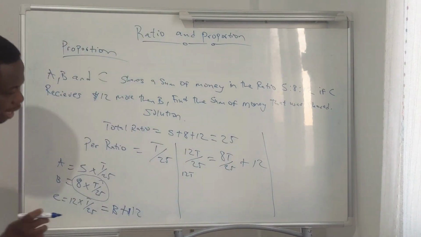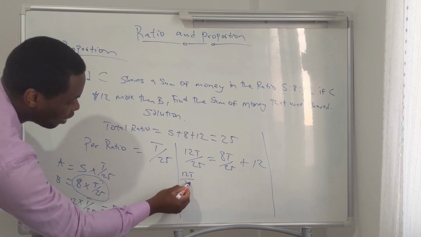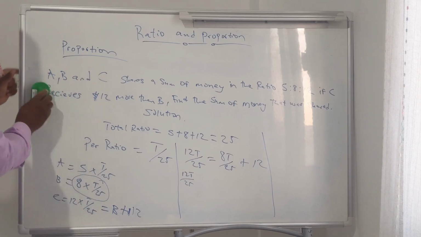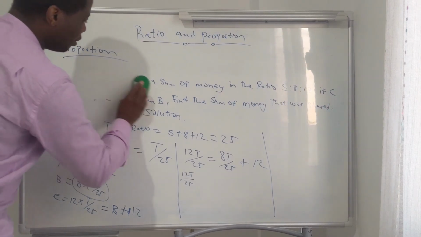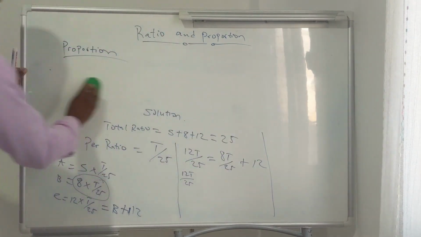So we can now say from here, 12T over 25. Let me erase all this, and the question, so that we'll be able to see it clearly. I will take note of the question so we'll be able to solve it.